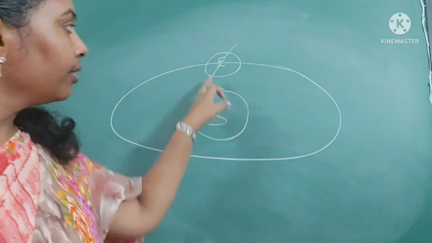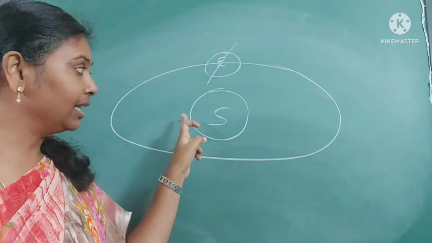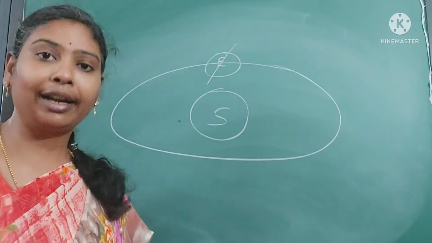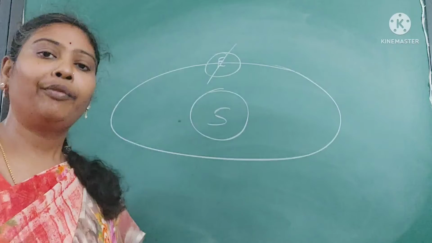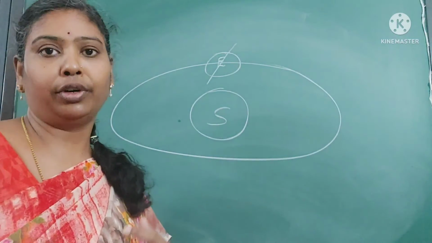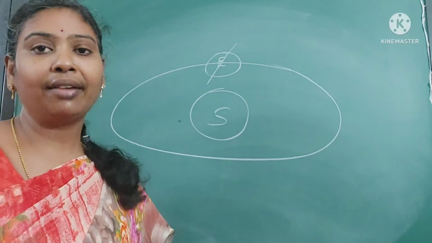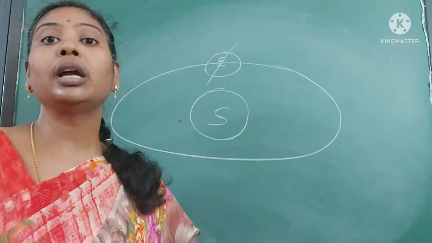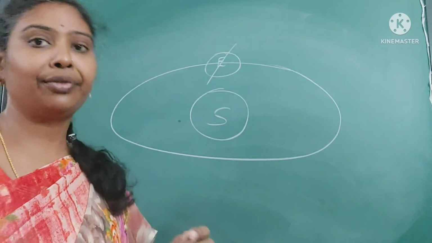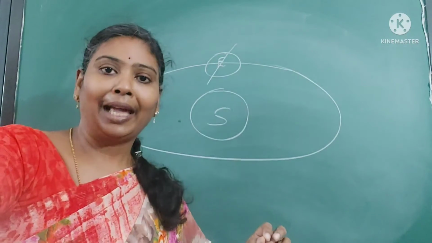When the earth is revolving around the sun in a fixed elliptical orbit, this motion of the earth is known as revolution. As the earth takes 24 hours for its rotation, the earth takes 365.14 days for its revolution period. There are different revolution periods for different planets.